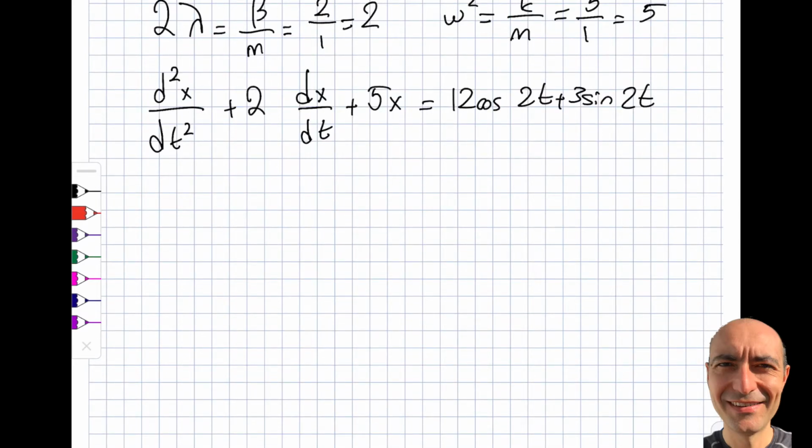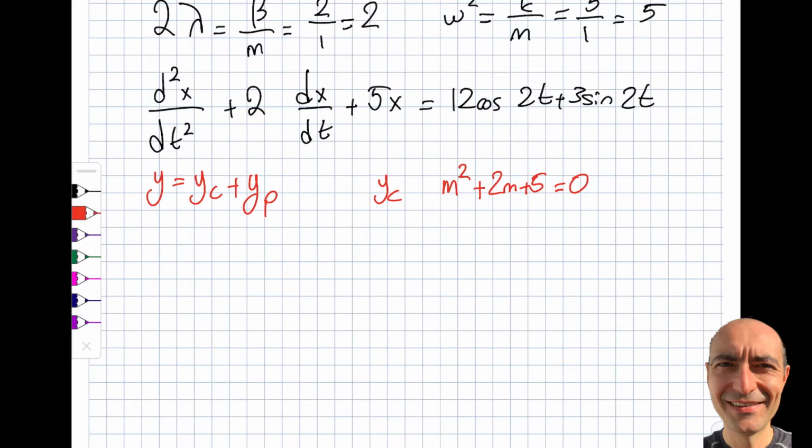The first thing that we must do is basically y will be equal to yc plus yp. Let's not forget that. So the first thing I'll do is solve for yc. If I write the auxiliary equation, you will see that I get m squared plus 2m plus 5 is equal to 0. So now I will do minus b plus or minus the square root of b squared minus 4ac, divided by 2a.